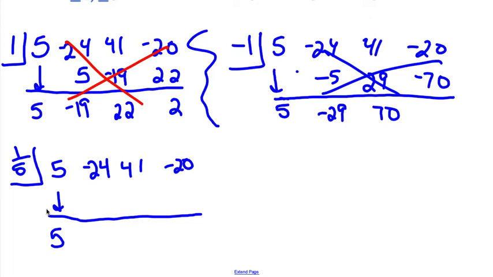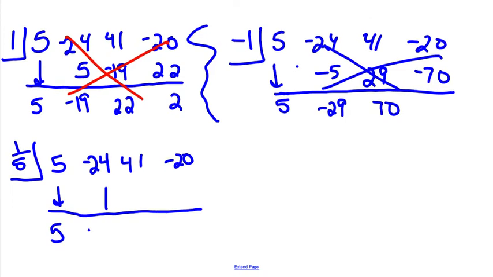5 times 1/5. Well, this is going to be nice here for a little bit. That's just a 1. Negative 24 plus 1 is negative 23. Now it gets messy. Negative 23 times 1/5, if you're using decimals, you can leave that as whatever that is as a decimal.